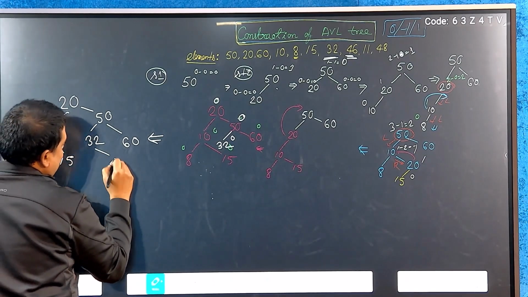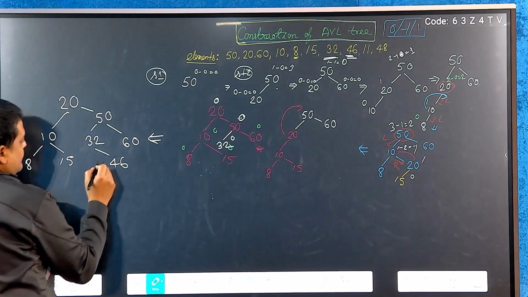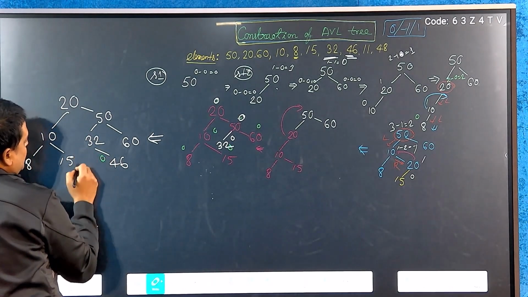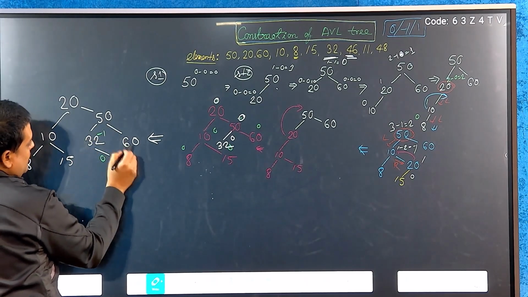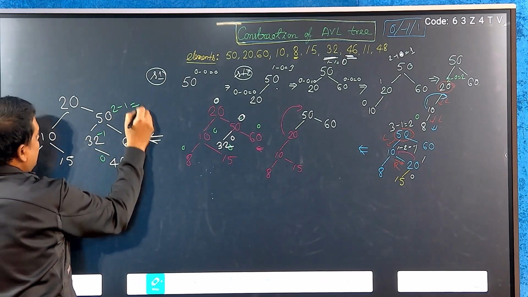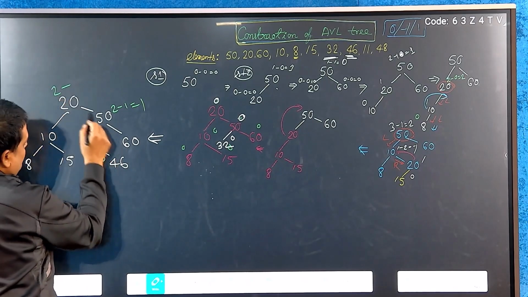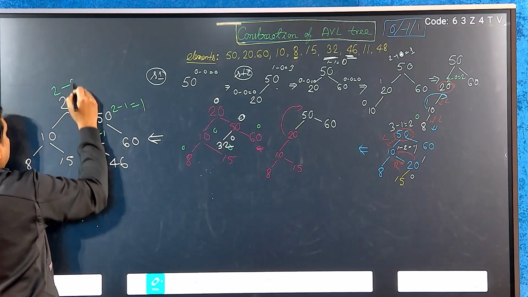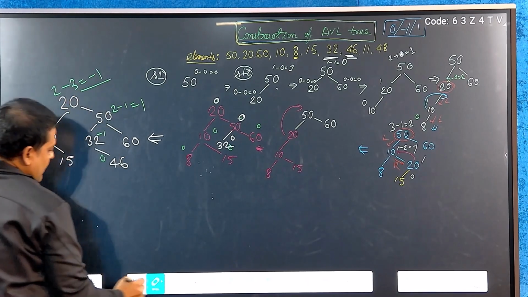So, 46 is here. We will start calculating the balance factor values. This is 0, 0 minus 1, this is minus 1. For this, 2 minus 1, this is 1. For this, 1, 2, 2 minus 1, 2, 3 height, that is minus 1. No problem. Still we have no problem.